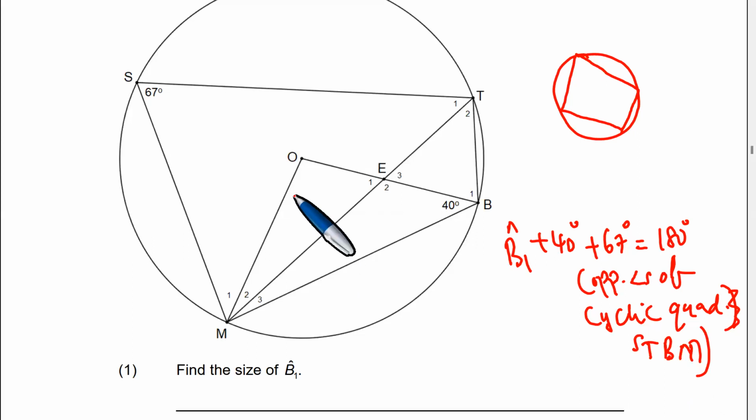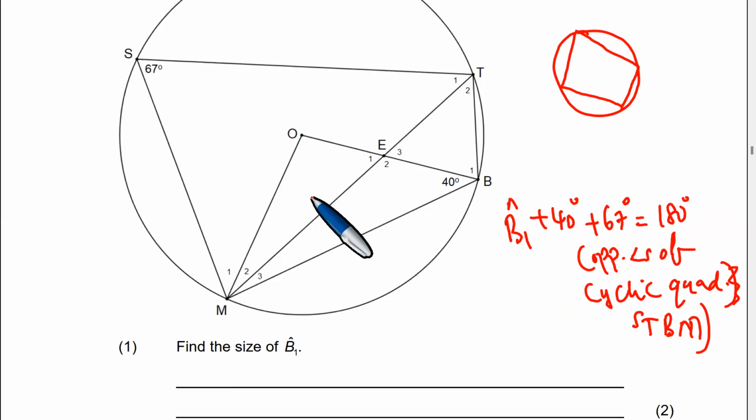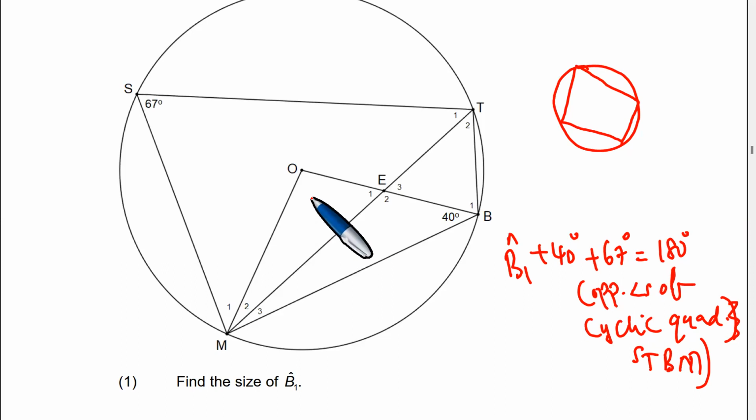There are many quads here that are not necessarily cyclic, like MOTB, which is a quad, but we don't know if it's cyclic because it does not pass on the boundary of the circle. So it is necessary to state what quad you're dealing with, because there can potentially be many quads in the question.